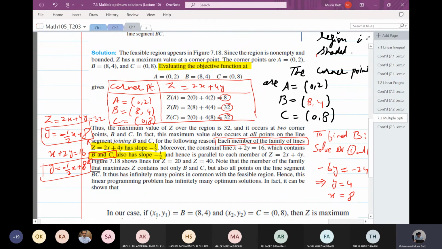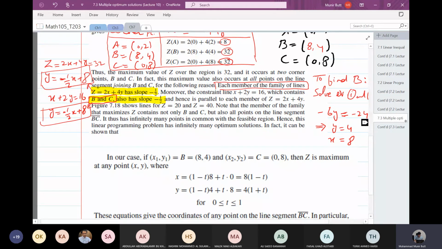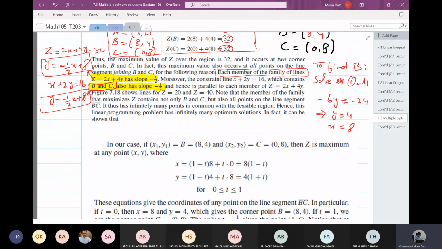So I will give you the detail. For example, B was this and C was this. Now there is a conclusion about how many points there are. This is the formula: x is equal to (1 minus t) x1 plus t x2, and y is equal to (1 minus t) y1 plus t y2.